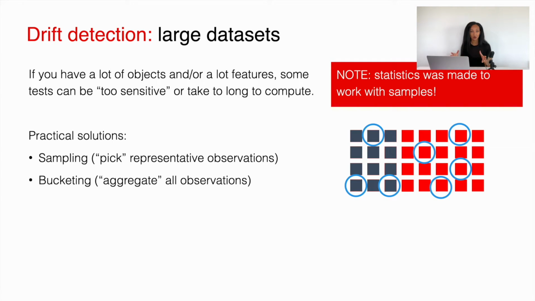Or maybe if you used minute data to detect drift, you can aggregate it to hours and detect drift on top of hourly data. So that's the idea of bucketing. In this case, you do not need to select data, so it's not like sampling. So if you are not sure about the right sampling techniques, maybe bucketing is a good option for you.